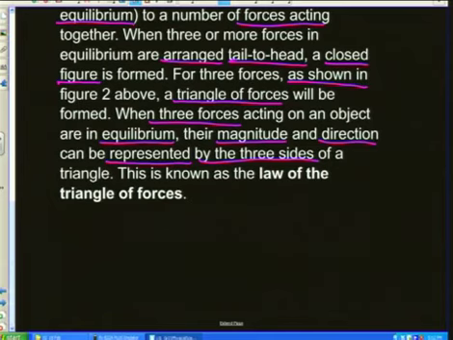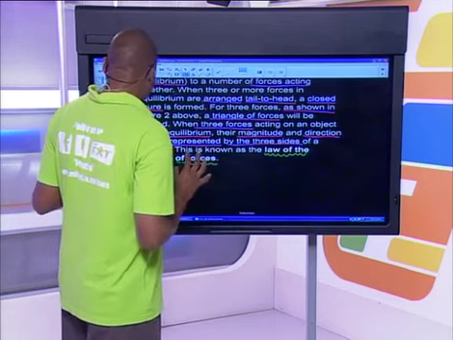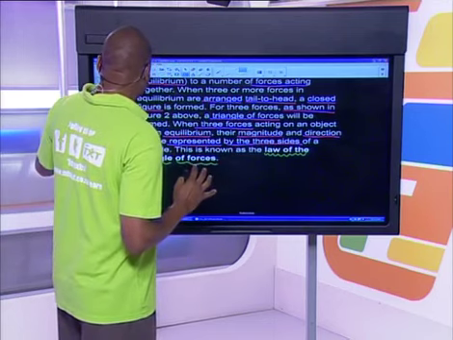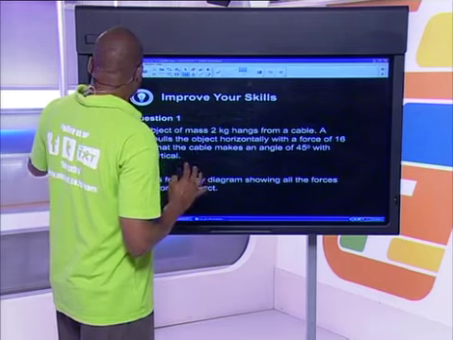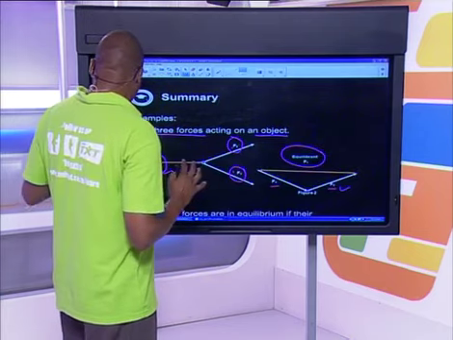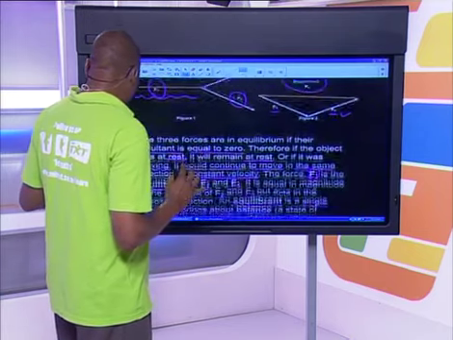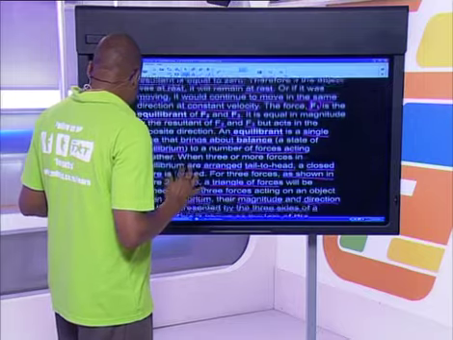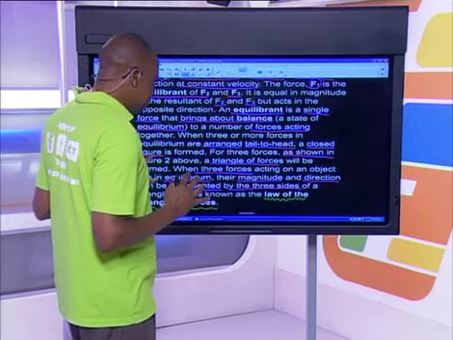And we call this, you must note this, the law of the triangle of forces. Now, this is crucial. You need to know that. You need to understand that. Okay, so this is the summary that we need to know when we're talking about forces in equilibrium.